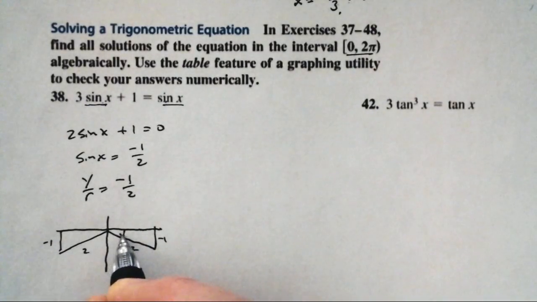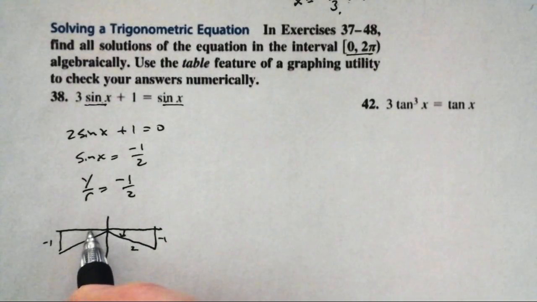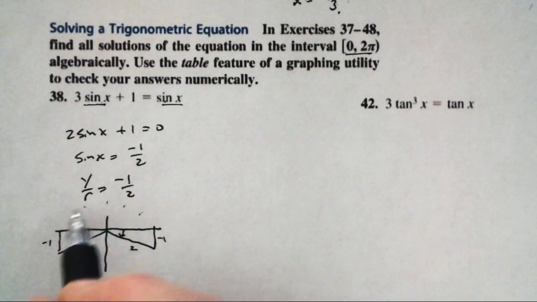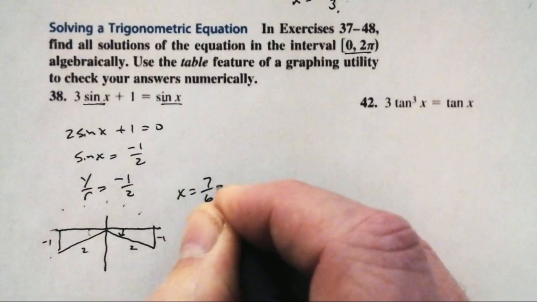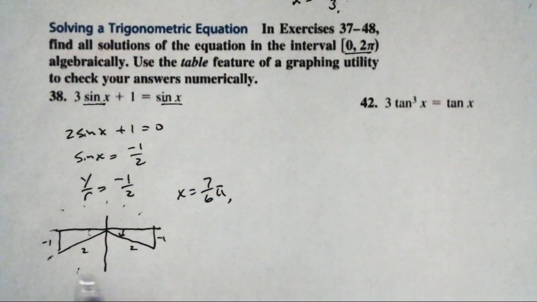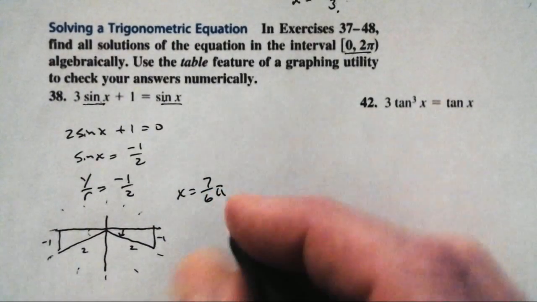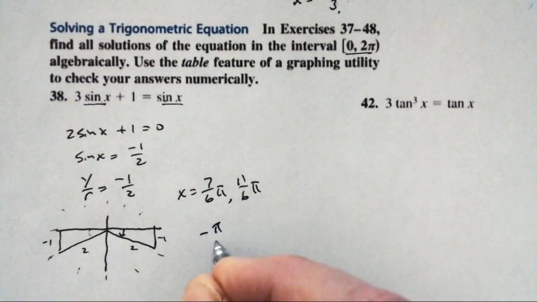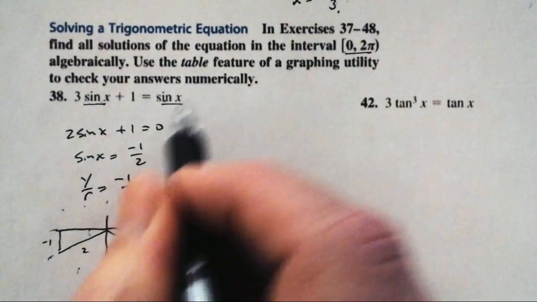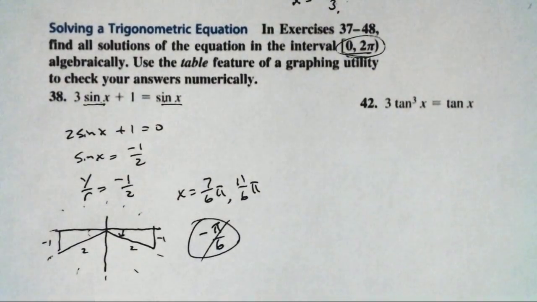Bad news, we can't go backwards here even though it's convenient. This is 1/6 pi. 1, 2, 3, 4, 5, 6, 7/6 pi. 7, 8, 9, 10, 11, 1 short of 12, 11/6 pi. A common mistake answer here is negative pi on 6. It doesn't fit in our domain of answers.